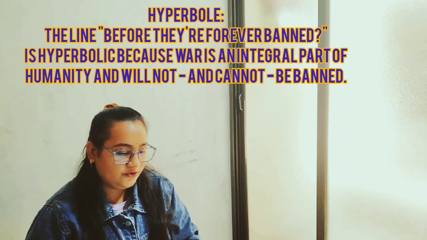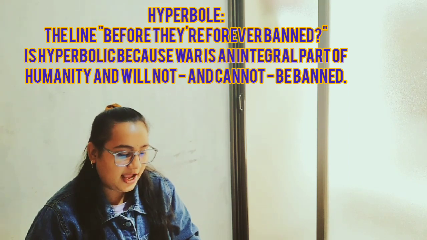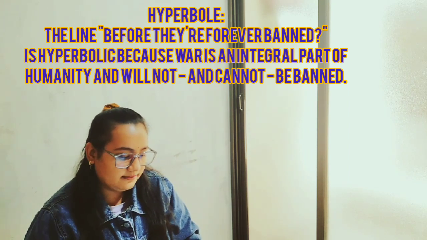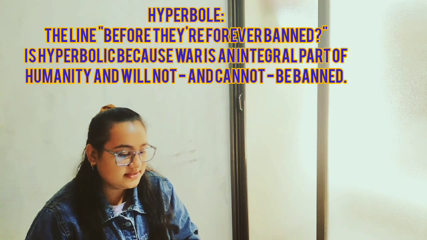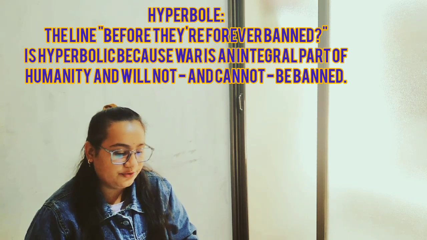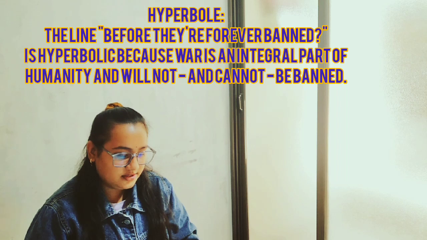The line "before they're forever banned" is hyperbolic, because war is an integral part of humanity and will not and cannot be banned. As we know, war is an integral part of humanity, and that's why he says that war will not and cannot be banned.